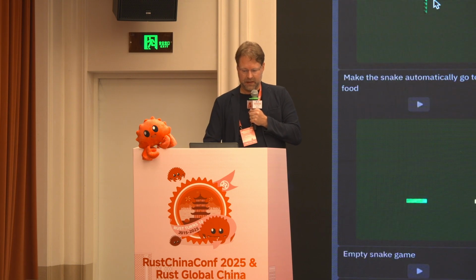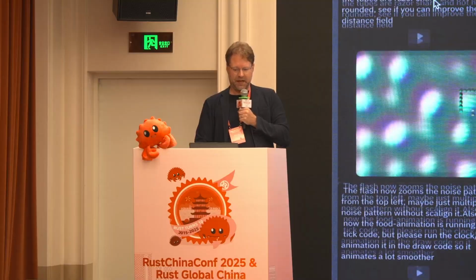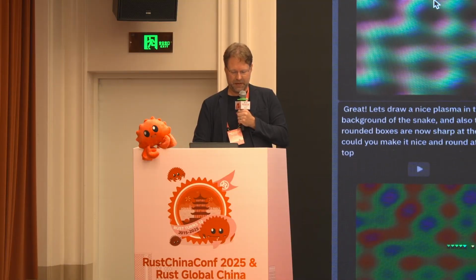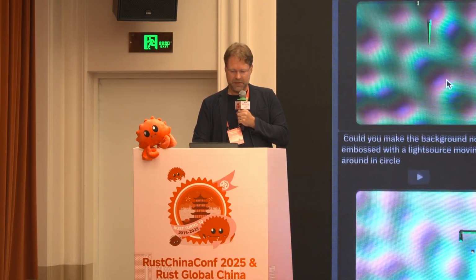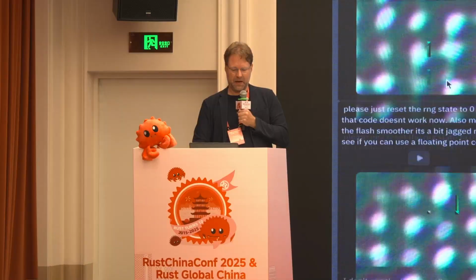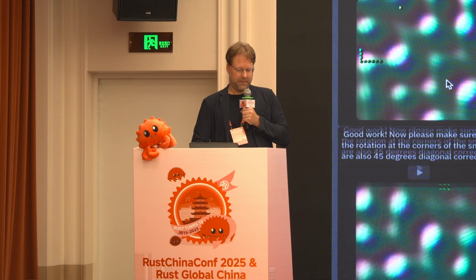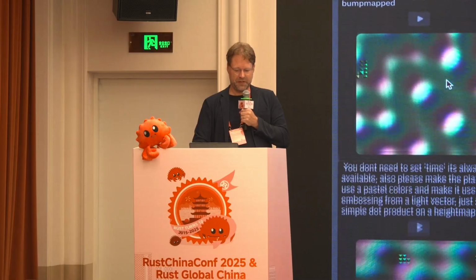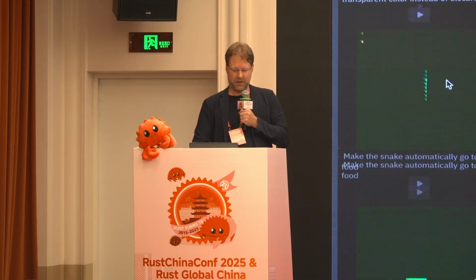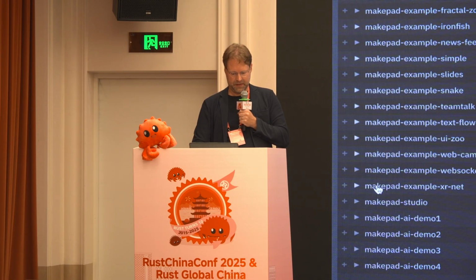I tried to make the AI write a little snake game inside Makepad Studio. And because you have so many revisions with AI, I tried to make essentially a snapshot feature, so you can see all the versions of the application that the AI has created. So I'm going to run the application now.